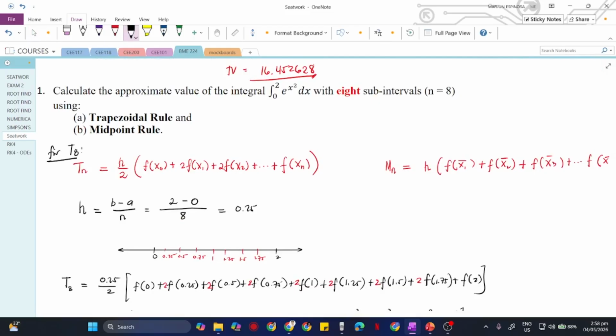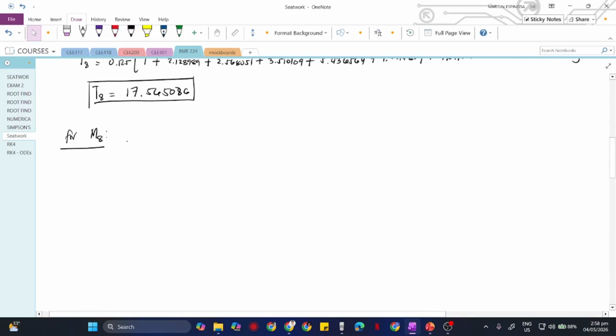Now in the midpoint rule, we need to indicate the midpoints from 0 to 2 too. Right? How many? 0.25, 0.5, 0.75, 1, 1.25, 1.5, 1.75, 2. Then we have here just 2.